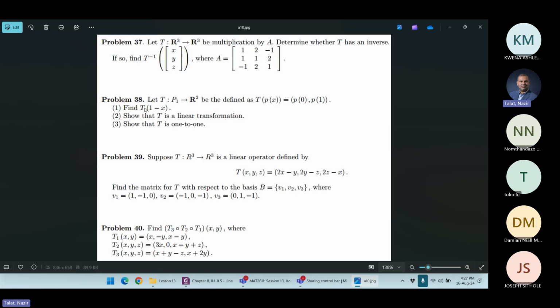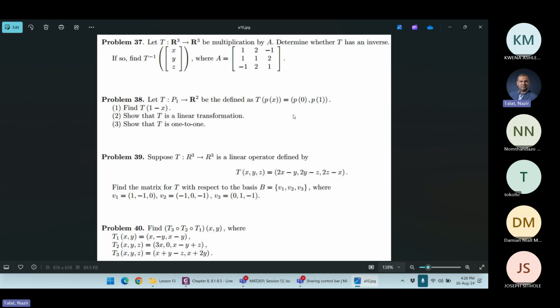So find the value of T of 1 minus x. So 1 minus x is a polynomial of degree 1, so it will give you the same answer as you put in p(0). p(0) means just put the value x equal to 0 in a plus bx. And moreover, p(1) means just put x equal to 1. So if you put the value 1 minus x, you will get some answer in R square.